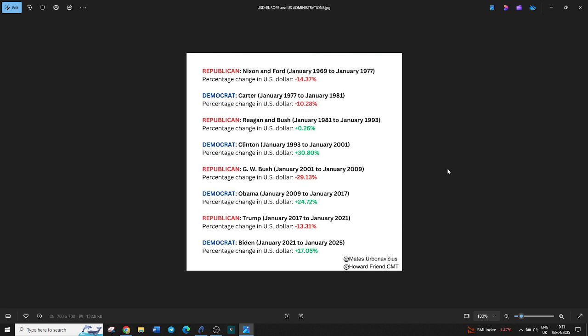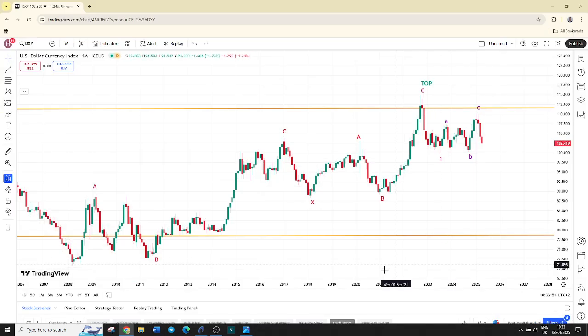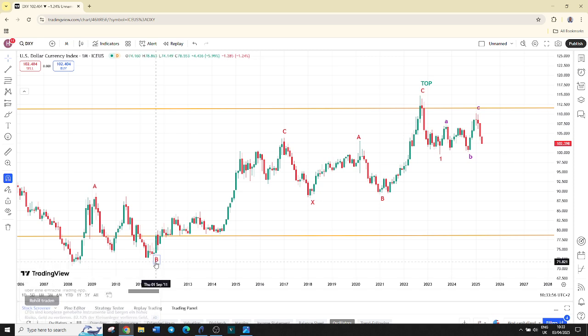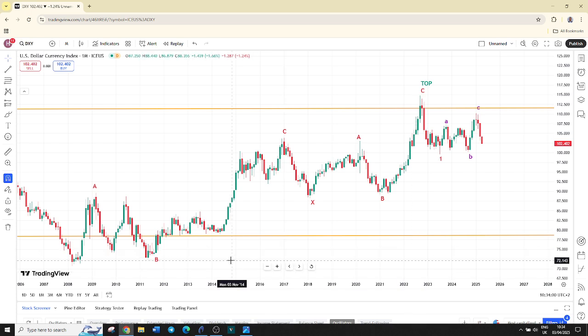So you can see, particularly since Clinton came in, it's been quite a marked picture of Republican administrations seeing a net decline in the value of the US dollar. So, in my opinion, we are in the very early stages of a multi-year decline in the value of the dollar, based not just on the Elliott wave structure, but also on the presidential cycle.